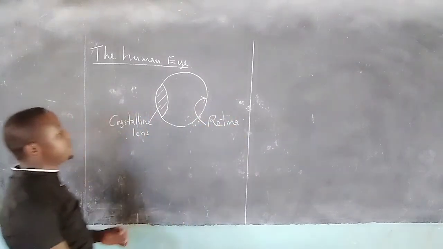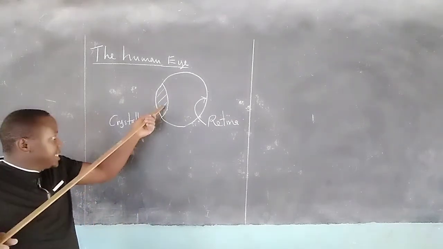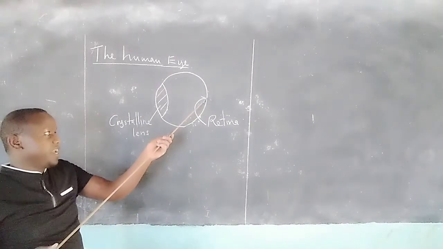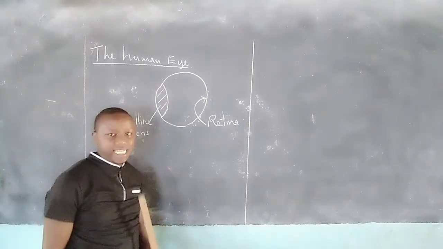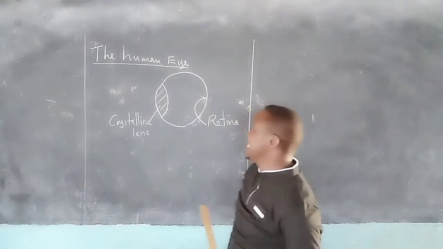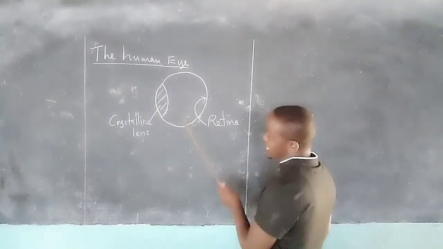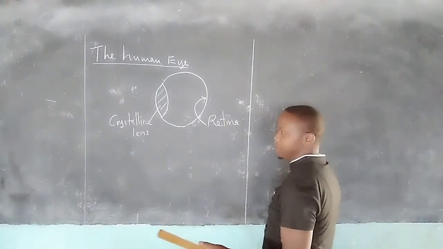So rays of light, after reaching this lens of the eye, get converged at the retina, and vision is detected, or the perception of vision is witnessed. Therefore, when rays reach the lens, they converge on the retina and an image is formed.